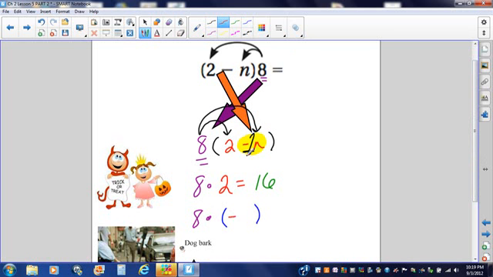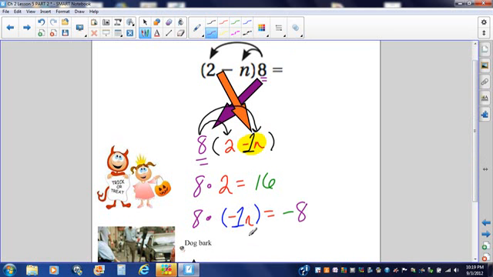So there's my negative sign, and I'm going to put a 1 and the variable n right here. Now I'm simply going to multiply 8 by negative 1. 8 times negative 1 gives me negative 8.